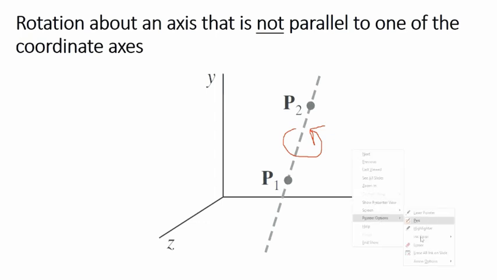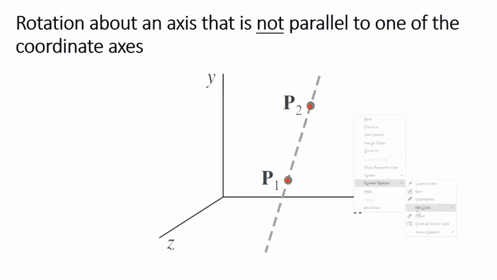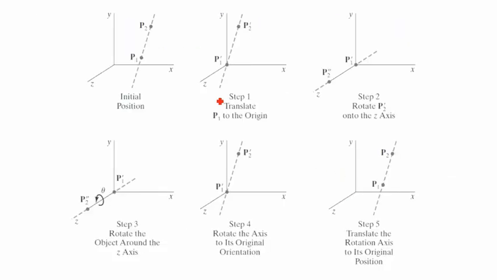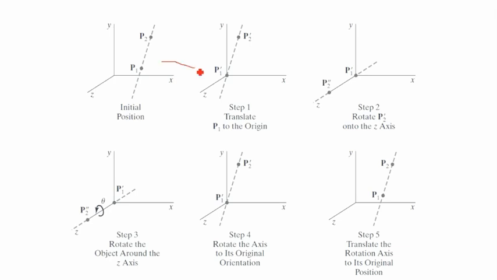So what to do? In order to do that, the very first thing is to take two reference points along this axis, let us say P1 and P2, and then translate this axis in such a way that it comes and sits on the origin. So translation.